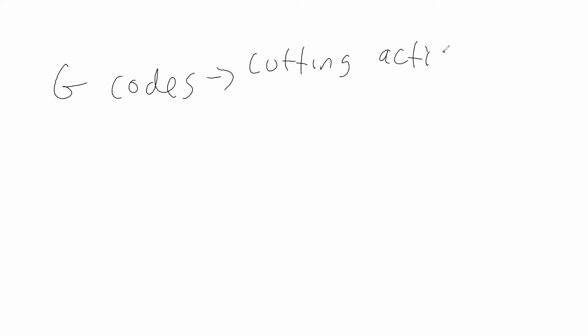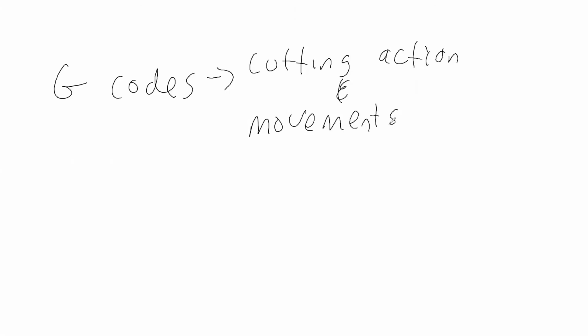Okay, so I just mentioned G and M codes, but what are these codes and what do they mean for our programs? Well, G codes are going to be cutting action and movement codes. The M codes are going to be on and off functions, miscellaneous commands.